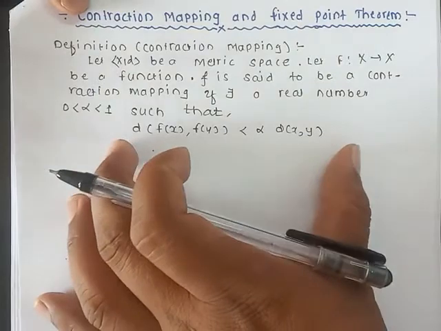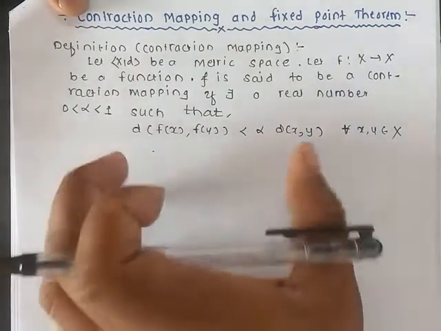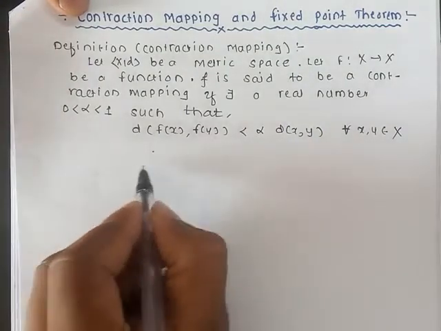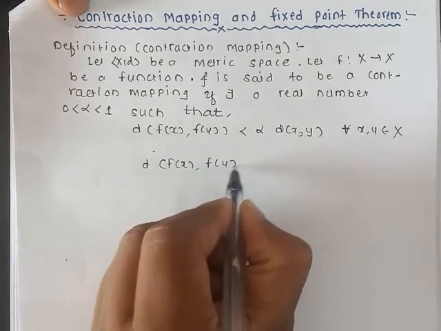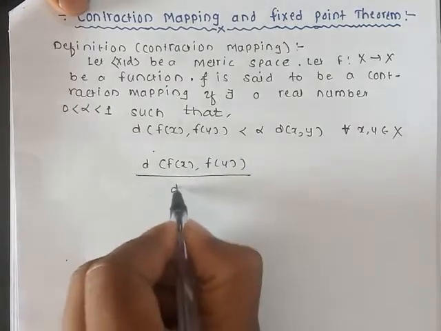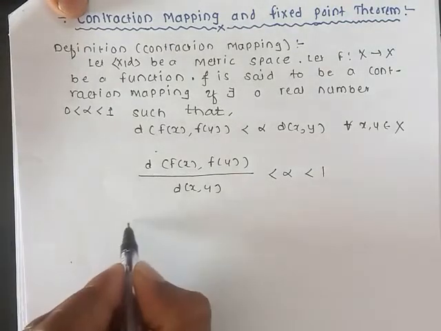This is true for all x, y. If we analyze this, we get the distance between f of x and f of y divided by the distance between x and y is less than alpha, and alpha is less than 1.